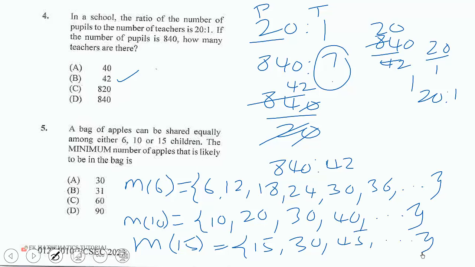So the common multiple is 30. So the least common multiple will be 30. So the correct answer is supposed to be A, because the least number that is common to all of them is 30.